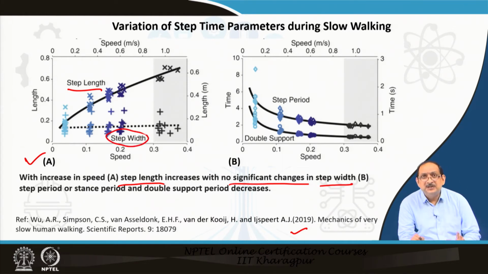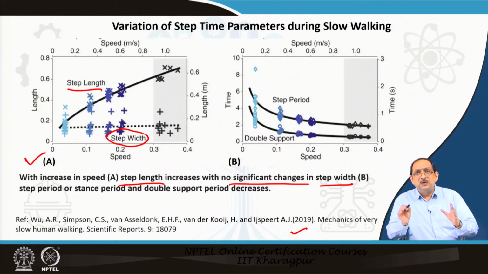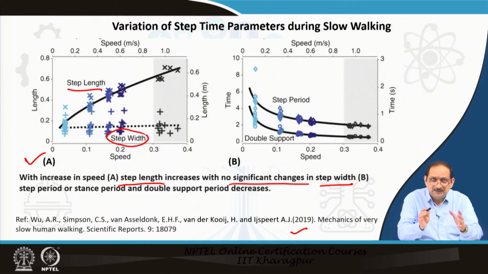But this conclusion is restricted to slow walking. If you want to walk fast, then obviously the step width has to reduce. Step width is the distance between the 2 feet.